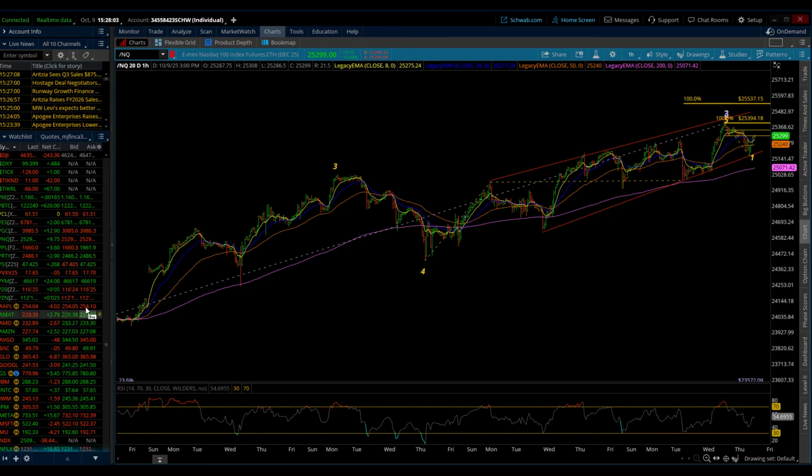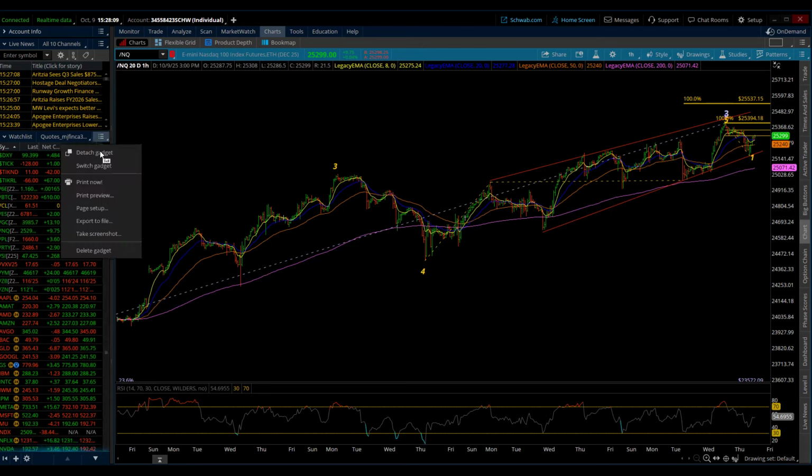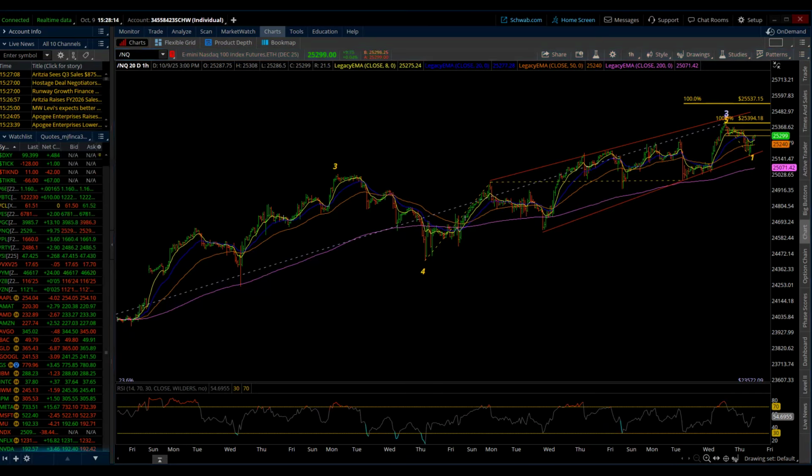Apple, meh, trading unchanged. NVIDIA, sometimes it just really gets me, is also unchanged. So I'm not really sure what they're stepping back in for, other than AMD.